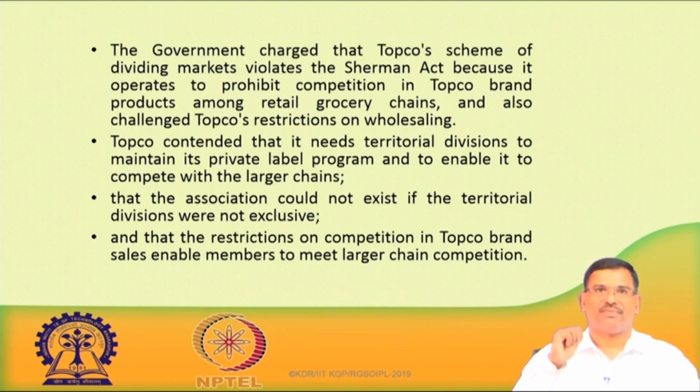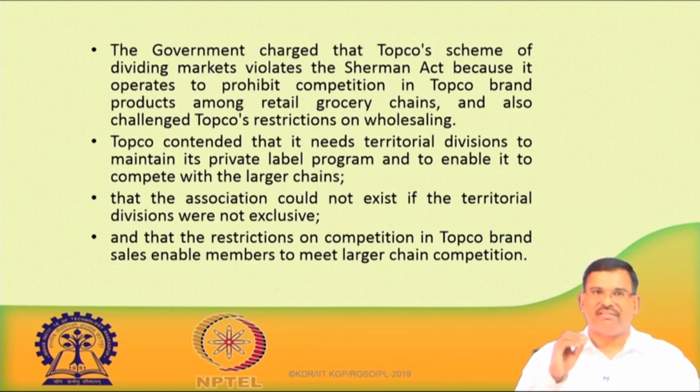This was the allegation, but Topco contended that the entire business is dependent upon the geographical division, and if this exclusivity goes, they are going to lose the business. This is very specifically with regard to the Topco brand.